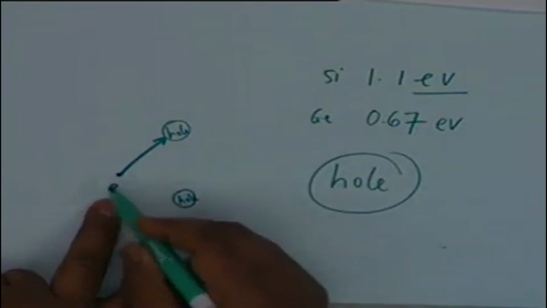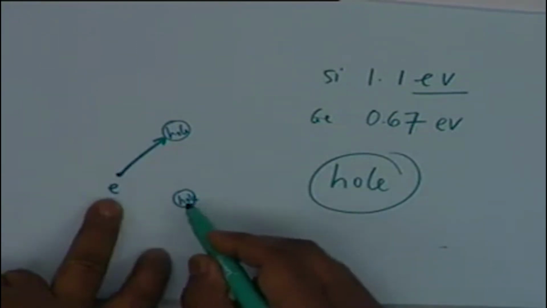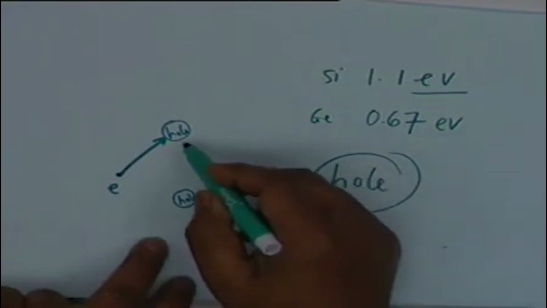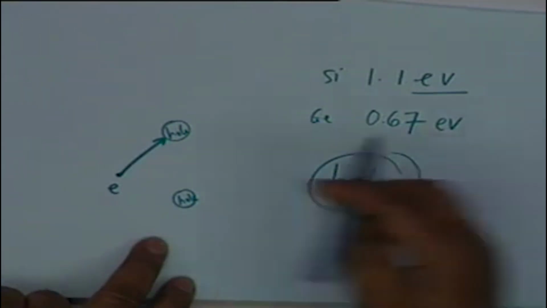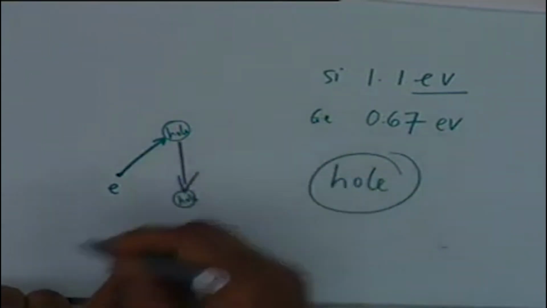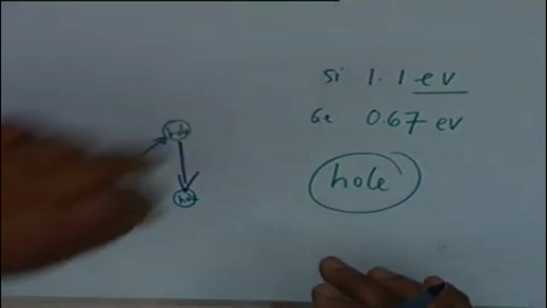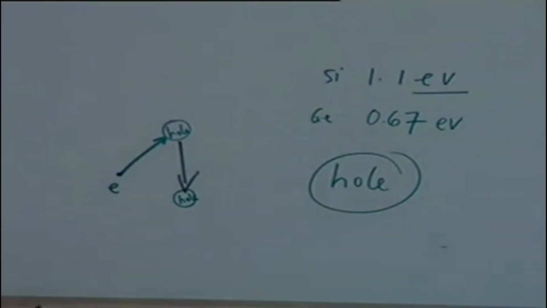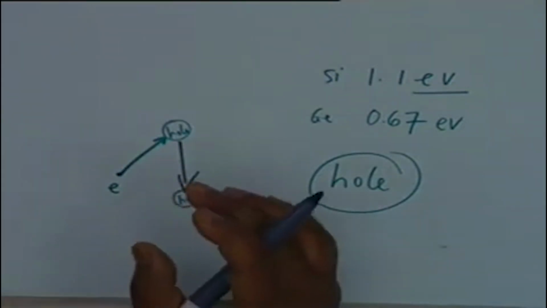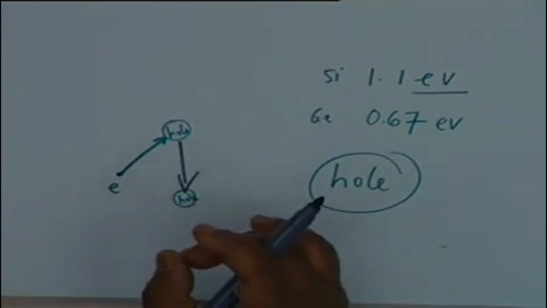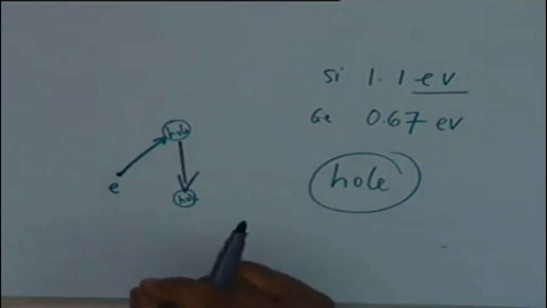If initially this was a neutral region, a hole would have been created here. So it is as if this hole, which was in this position, has moved to a new position. And by sophisticated calculations of quantum mechanics, it can be shown that the hole movement is exactly like that of an electron.